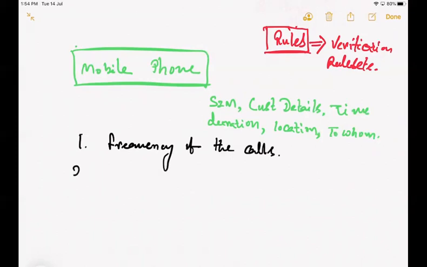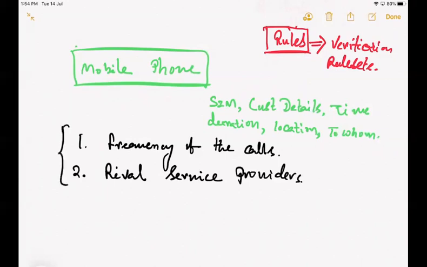Number two, I can also find out to which partner, or rather in that case, rival service provider the customer is actually trying to call. Now, if I have these two pieces of information, what are my benefits? What are you going to do with that?